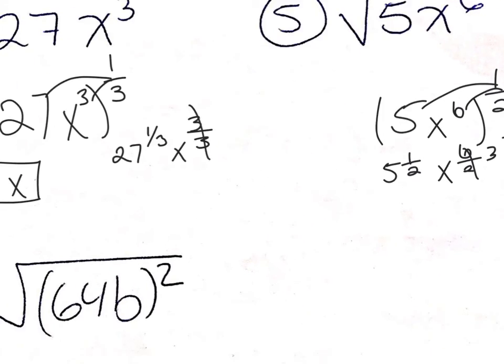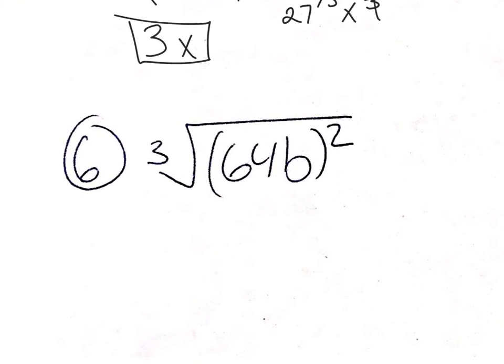One more problem, number 6 down here. Notice how this is all raised to the 2nd power. So our exponent is 2 and our index is 3. For this one, we have 64b.